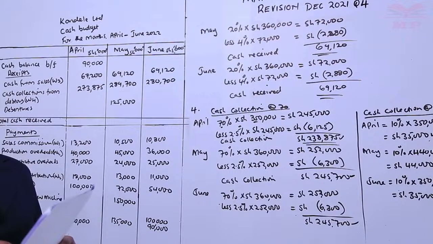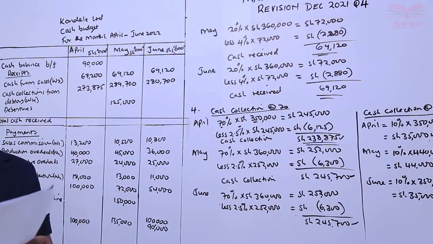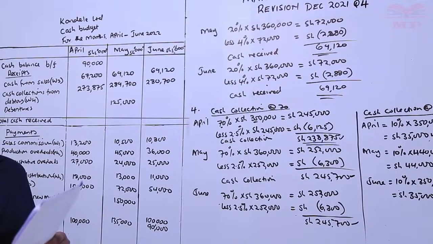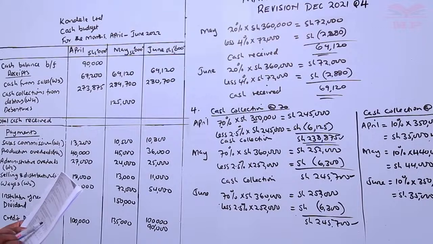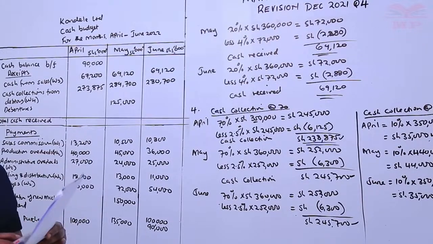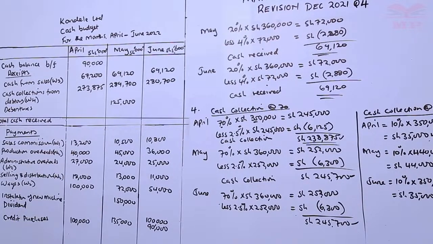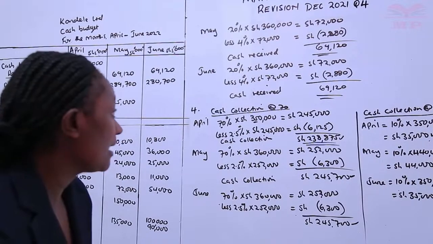So for the month of April, we allowed the month of April and the month of March, so that the payment is made in the month of April. Then for those that were given in March, we are allowing 2 months credit so that it is paid in May and so on. So from there, we simply make the calculations.